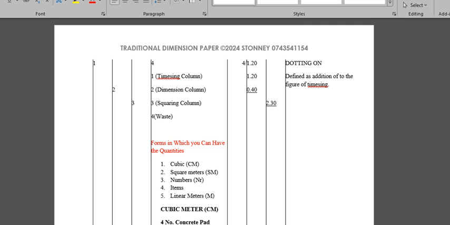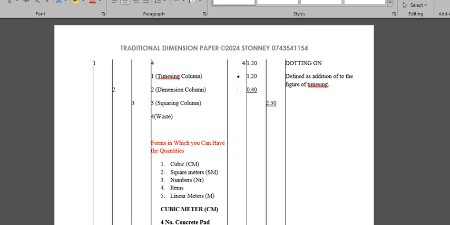You want to add to it, so you are dotting on under this, and then we have to see how that is done. You have a dot, just as the name is suggesting. So you have a dot over there.